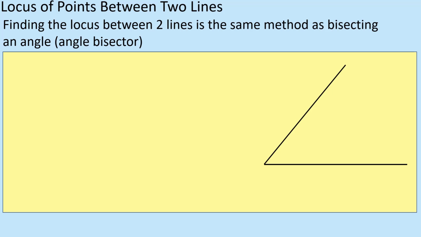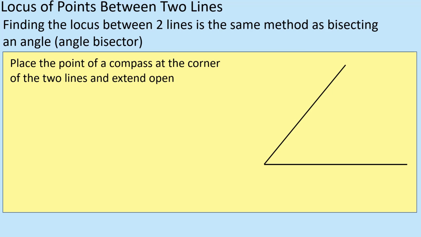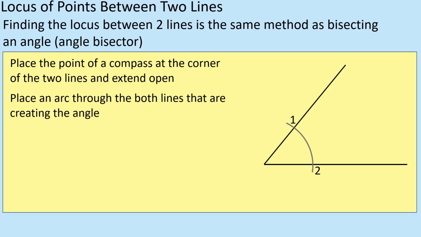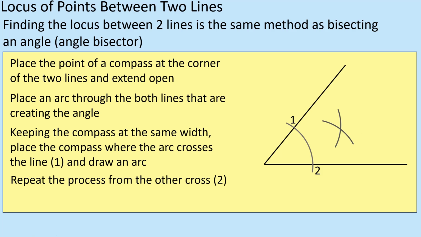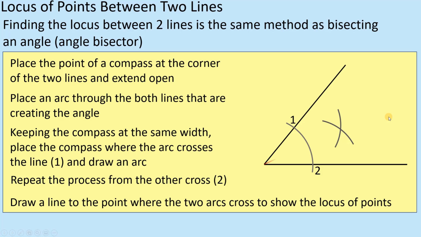You put your compass in the corner and draw 2 little arcs on the 2 edges, which you've seen from constructions. Then you draw a line down the middle, and this line is the locus of points halfway between this line and this one. So it's basically right in the middle of these 2.